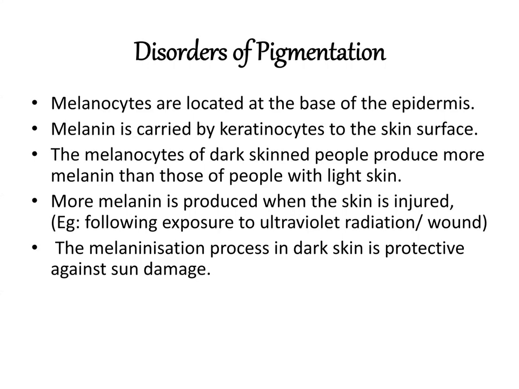There is more melanin produced when the skin is injured, say following exposure to ultraviolet radiation or a wound, etc. So the melaninization process in dark skin is protective against sun damage. Now we are living in a tropical country.